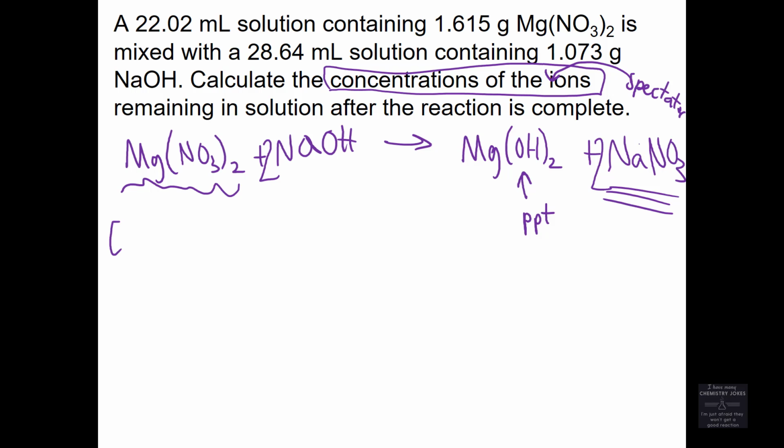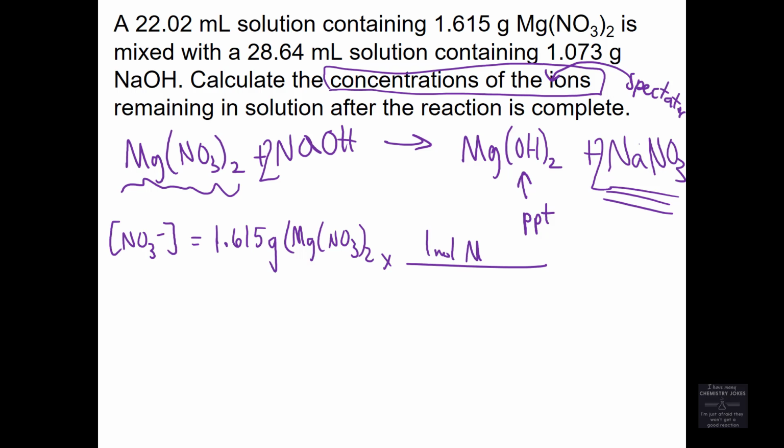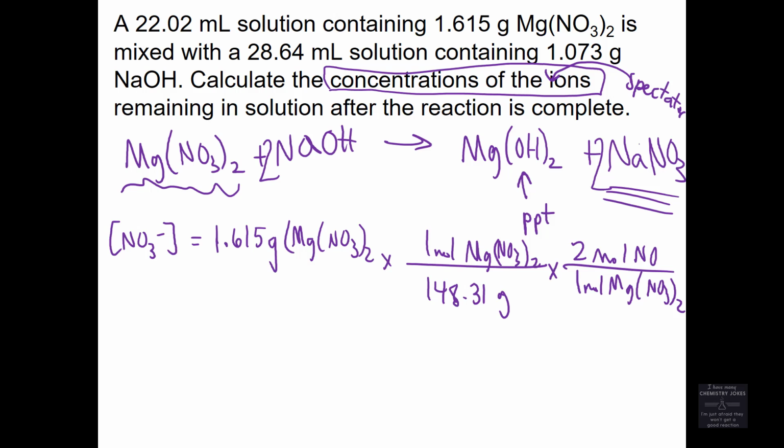The concentration of nitrate is equal to 1.615 grams of magnesium nitrate. 1 mole of magnesium nitrate weighs 148.31 grams, and 1 mole of magnesium nitrate has 2 moles of nitrate. So that math will get me to moles of nitrate.